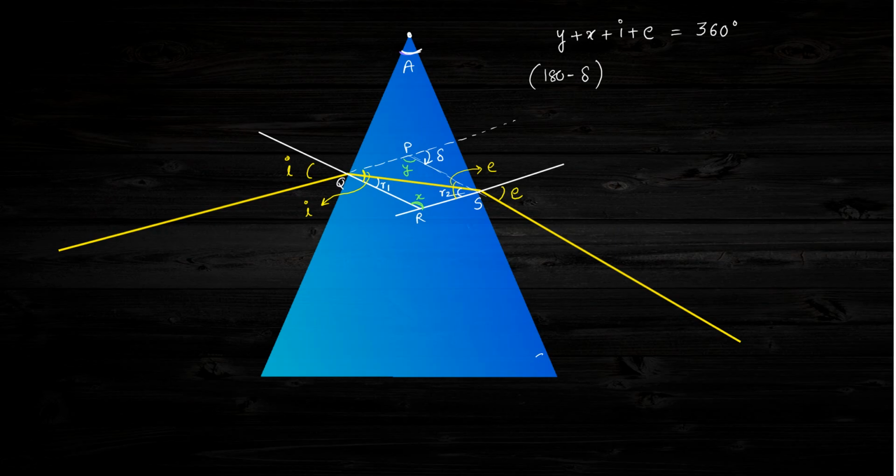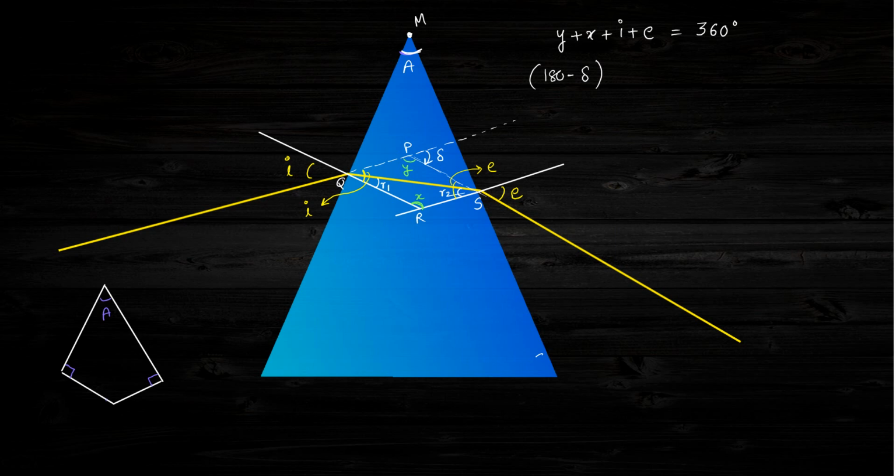Let this point be the point, let's say M. So if we look at the quadrilateral M, Q, R, S, then we understand that this angle is 90 degrees, this angle is 90 degrees, this angle is A.